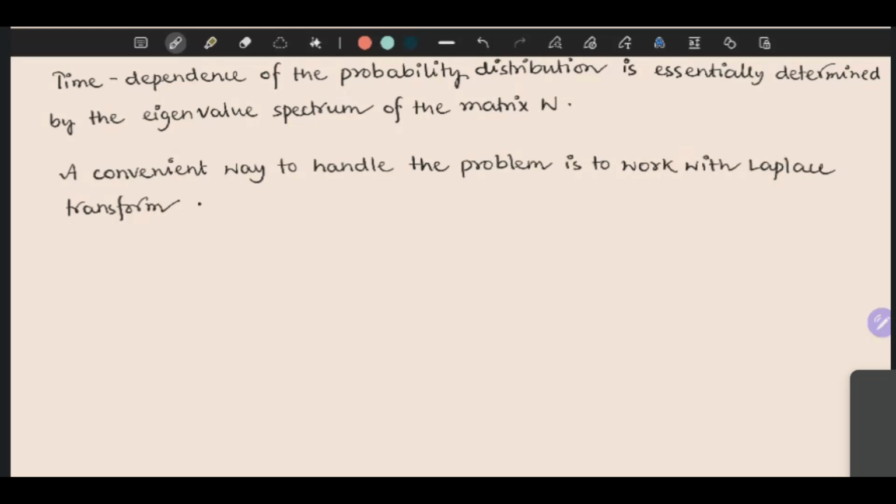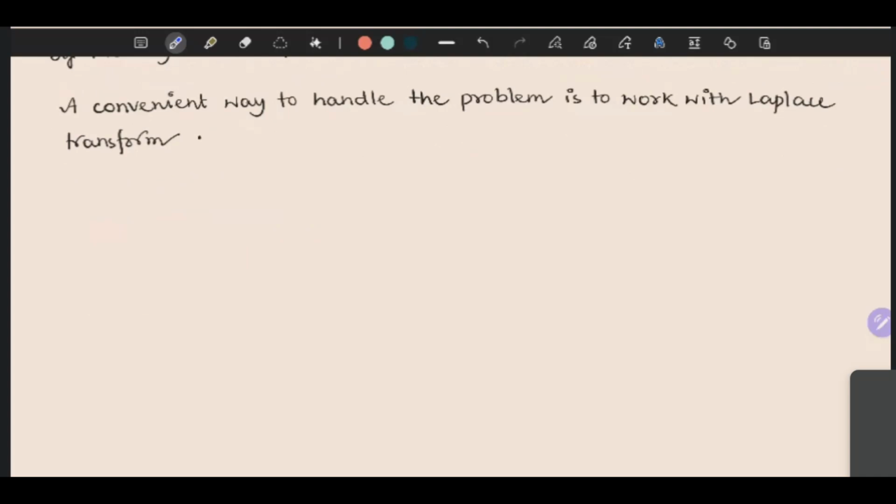Now let's do that. So let's say P tilde s is the Laplace transform of P of t. Okay.